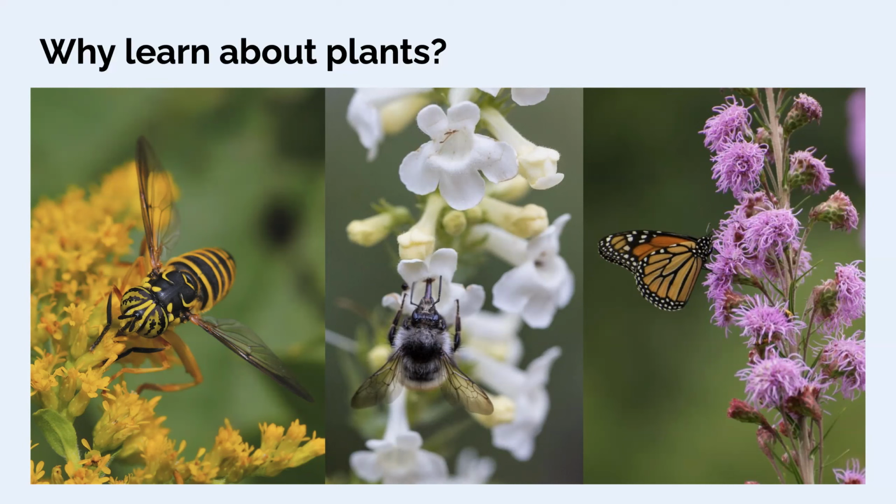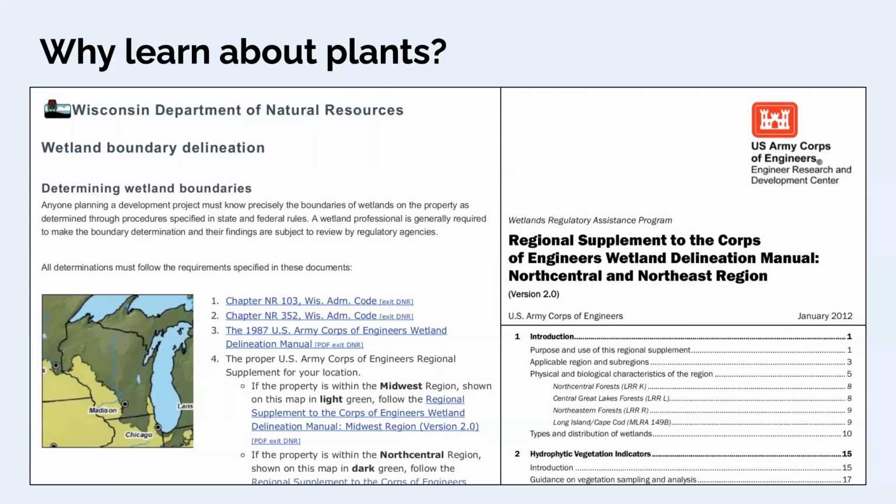So it really always comes back to plants. So whether you thought you were interested in plants or not, if you do anything that has to do with land management, resources, natural resources, or diversity, conservation, it's going to come down to the plants eventually. And as I said before, this can help you set yourself apart from other people in the job interview if you know better about plants.